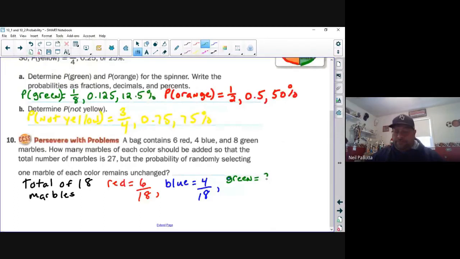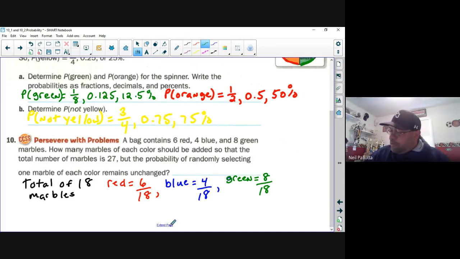Okay, that's what we know. We want to know how many marbles of each color should be added so that the total number of marbles is 27, but the probability of randomly selecting one marble of each color remains unchanged.